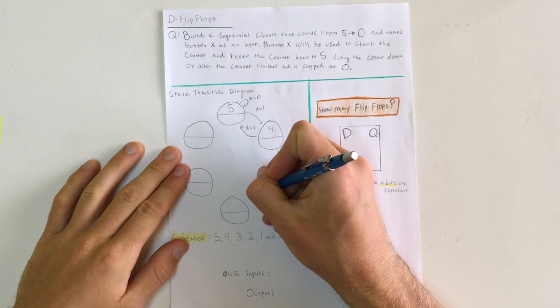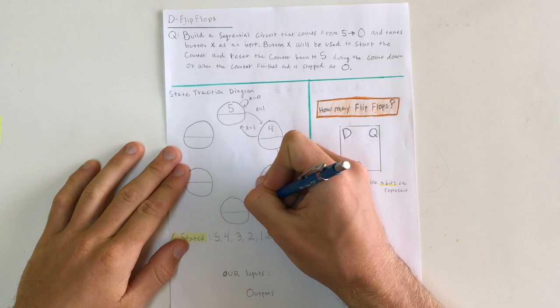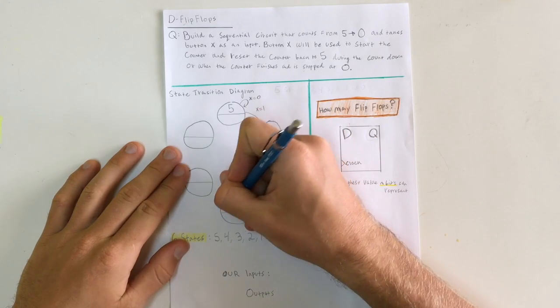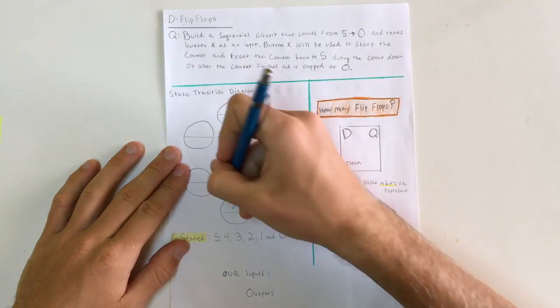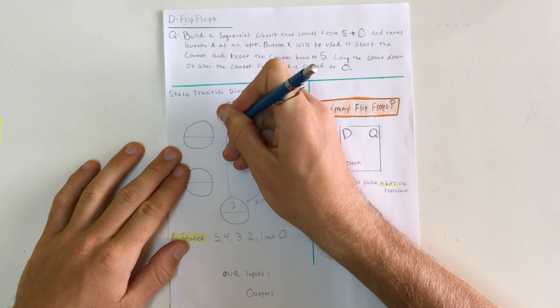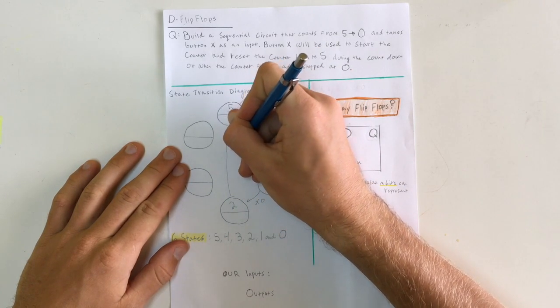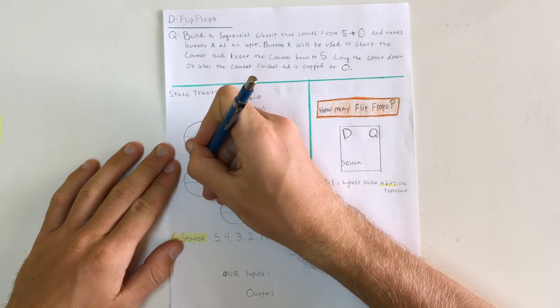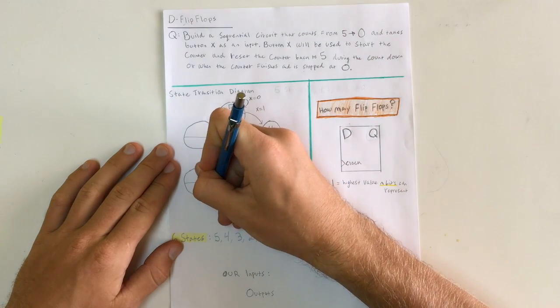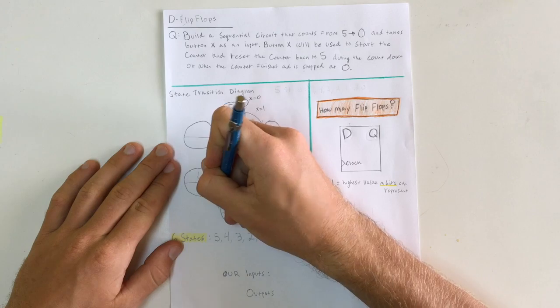If we're in state 3, we see a similar pattern where we would transition to state 2 if the button is not pressed. And if the button is pressed, then we transition back to state 5. We reset. We're going to be transitioning from 2 to 1 if the button is not pressed.